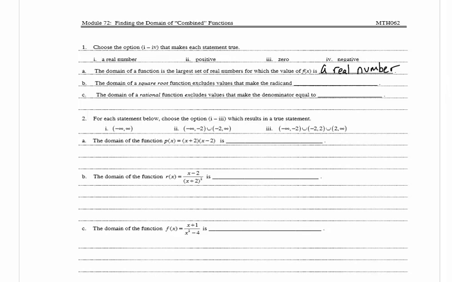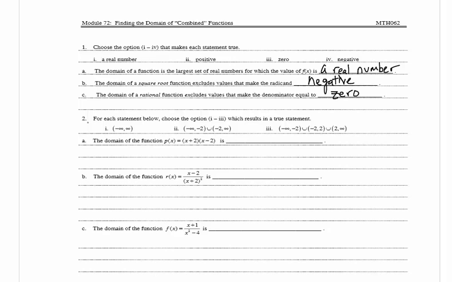In B, the domain of a square root function excludes values that make the radicand negative, so number 4. And in C, the domain of a rational function excludes the values that make the denominator equal to 0, so number 3.